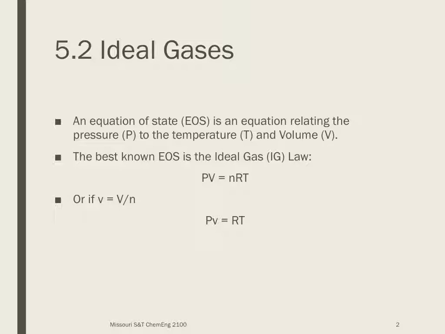And remember, our specific volume is also 1 over density. And so sometimes people will write it in this way. But I do find that this is incredibly convenient to work with and very commonly used in engineering problem solving.